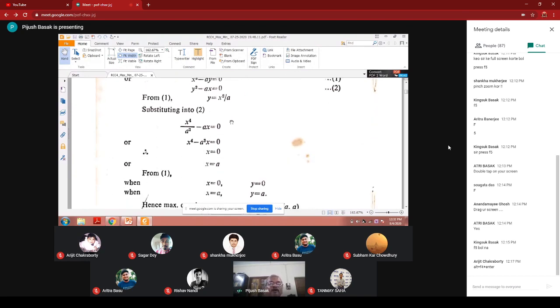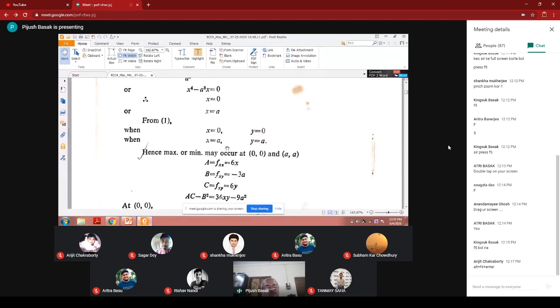So after solving this, we get x is equal to 0 and x is equal to a. From 1, when x is equal to 0, y is equal to 0. And when x is equal to a, y is equal to a.